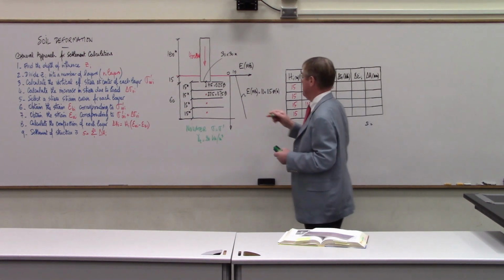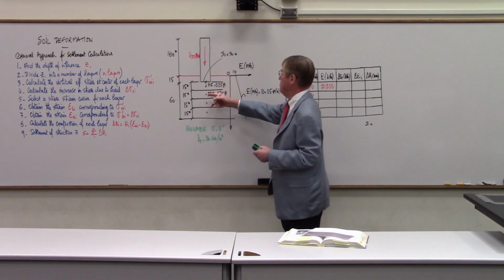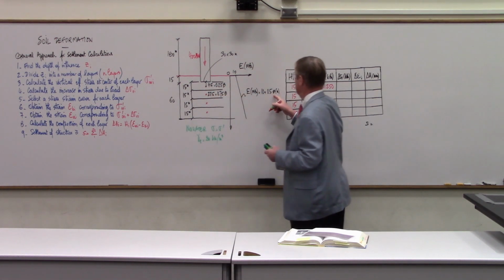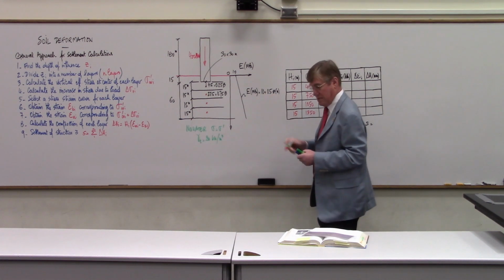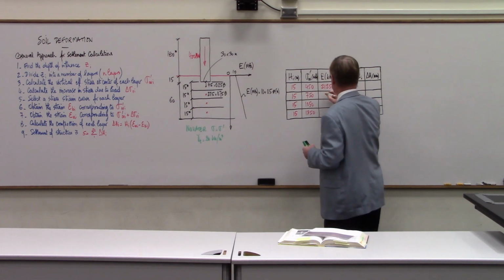And then I go to the center of the second layer. So again, 30 plus 7.5, 37.5 times 0.5 plus 10, and that gives you a modulus of 28,750.